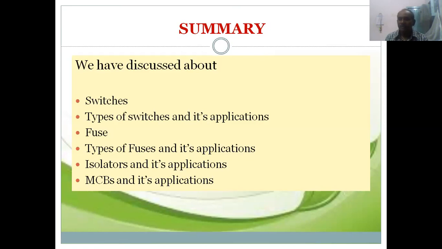Similarly, we have seen isolators and their applications in various fields, and MCBs, how MCBs operate, how MCBs are further classified, their family and special purposes, and what the applications and importance of MCBs are compared to the previous devices.